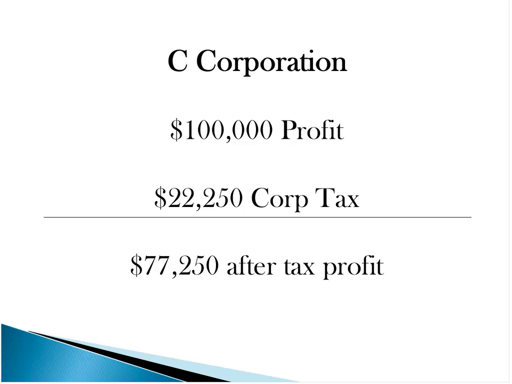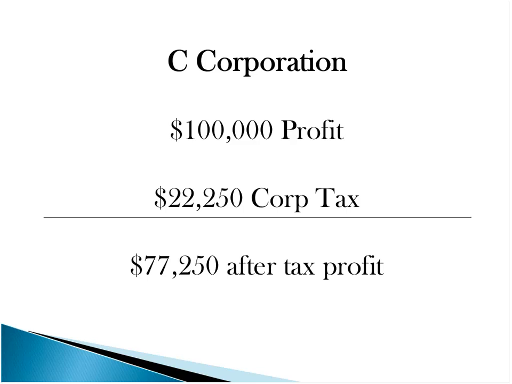The marginal brackets climb higher than 35%, but the total is never taxed more than 35%. So in this example, a C corporation with $100,000 of profit is going to pay corporate income tax of $22,250. Now that's going to leave you with after-tax profit of $77,250.